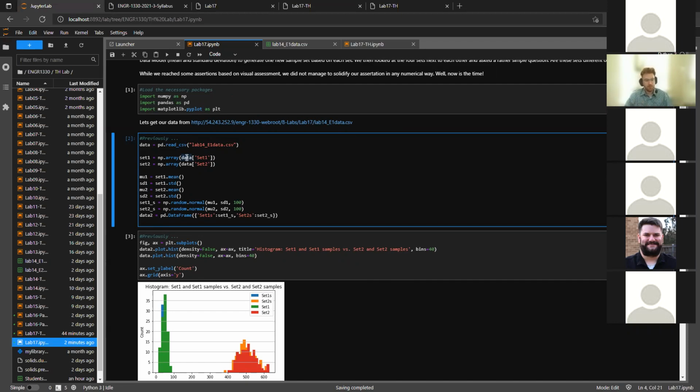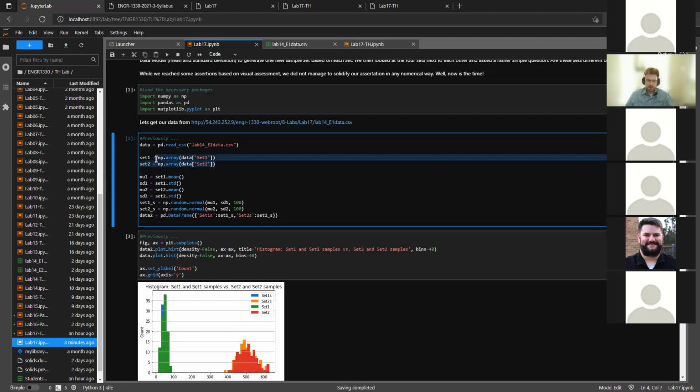That's why it's important to know what kind of things are. Because if set1 is a list instead of a NumPy series, then I can't call this method. I have to make my own to get the mean of a list. But because it's a series, we know that it has this mean method, and it'll get us what we want.